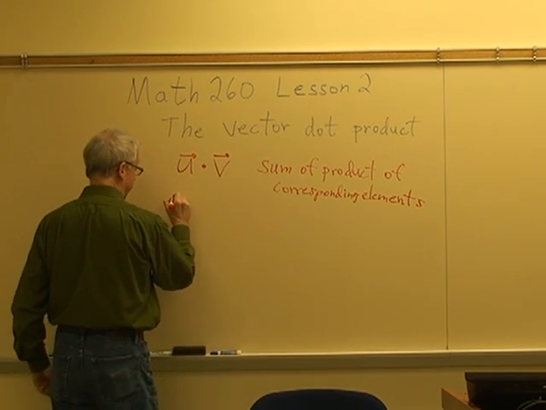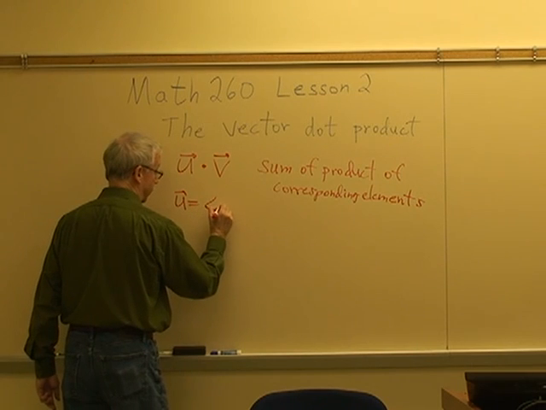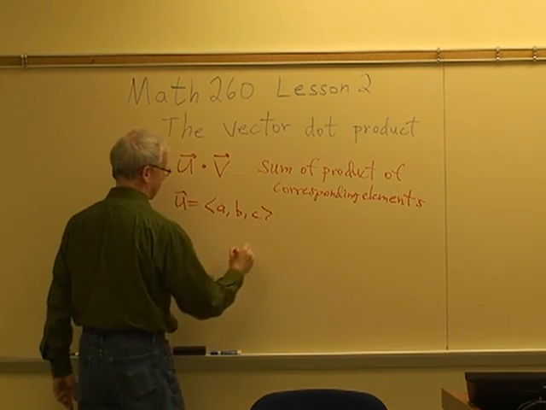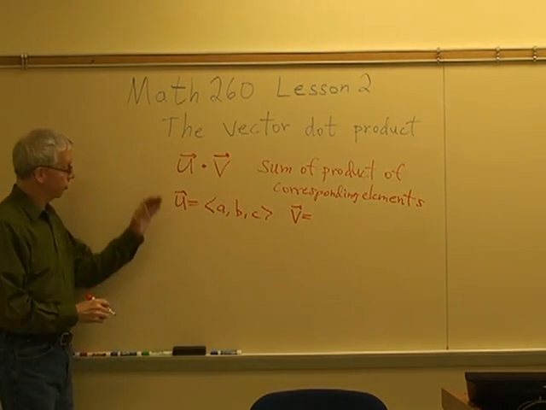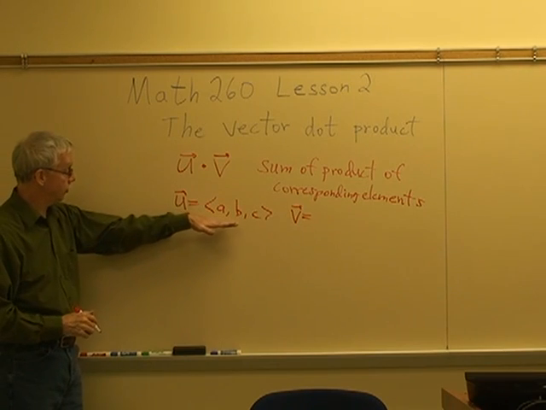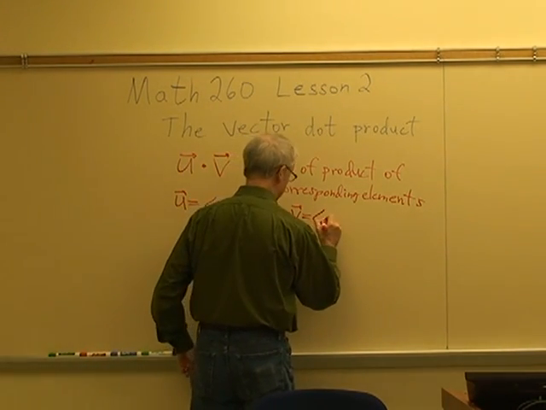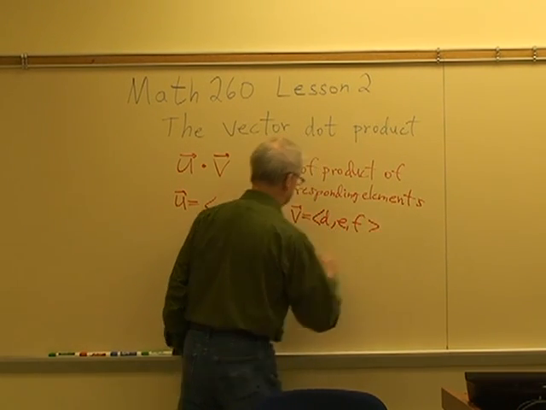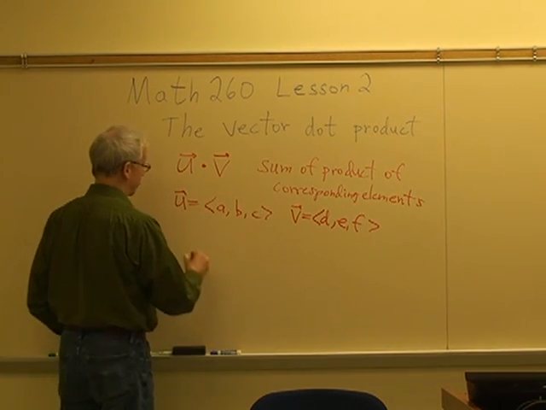So for example, if U is a 3-dimensional vector and it has elements or coordinates A, B, C, and V is also a 3-dimensional vector. Just like vector addition, the vectors have to be the same length in order to compute the dot product. V has components D, E, F.